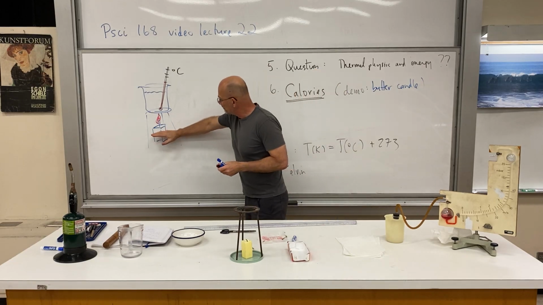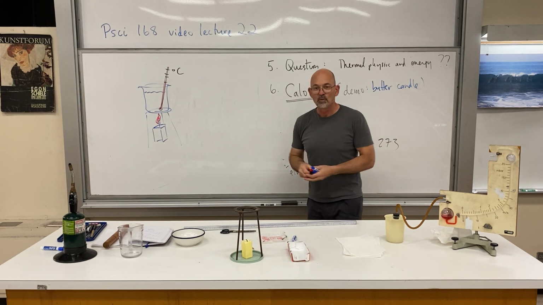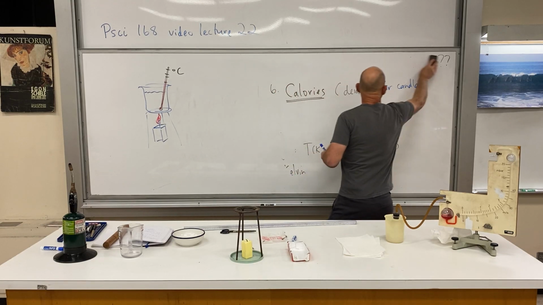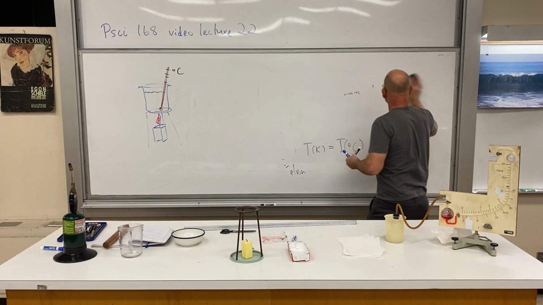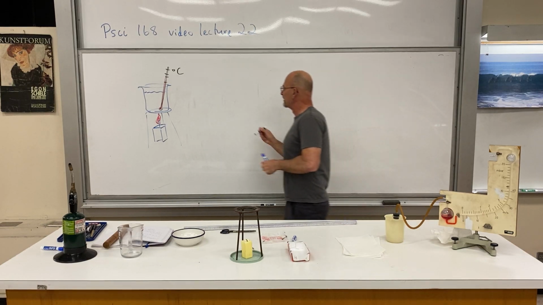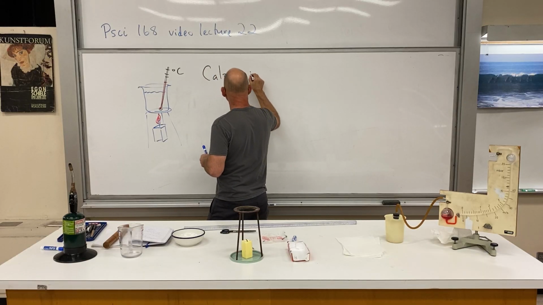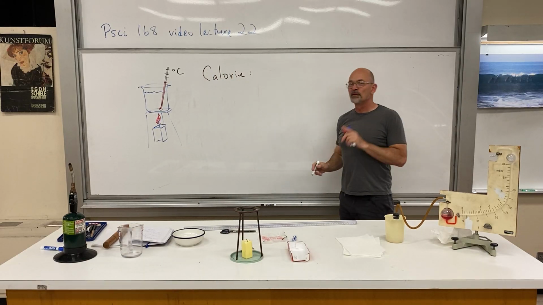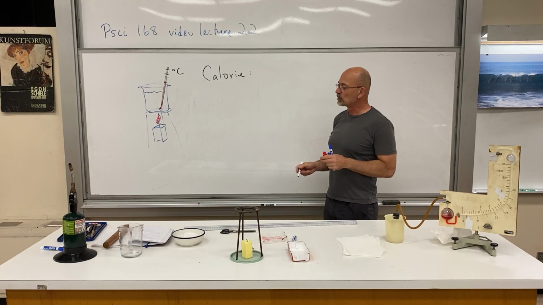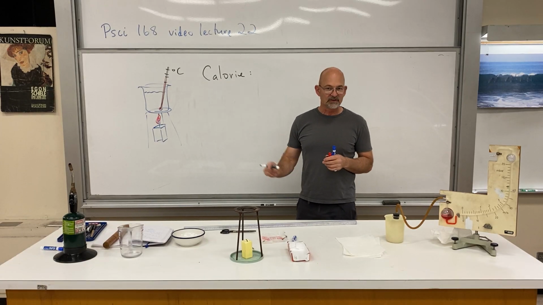We've got butter, flame, water in here, temperature's increasing, and what is the definition of a calorie? The definition of a calorie is, I'll write it here. Calorie, it's the amount of thermal energy, we call it heat right now, that will raise the temperature of 1 kilogram of water by 1 degree Celsius.